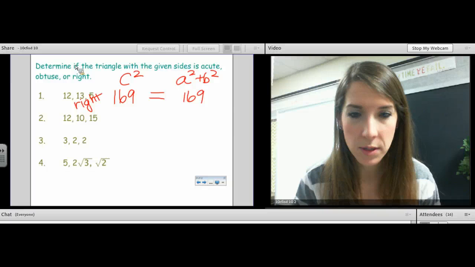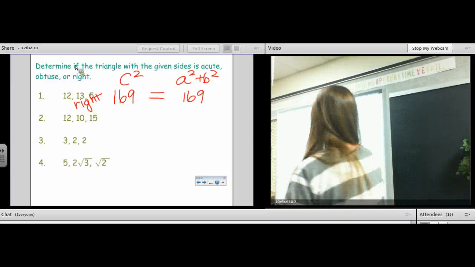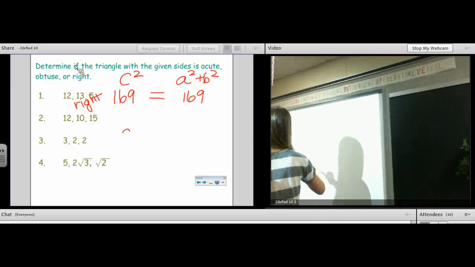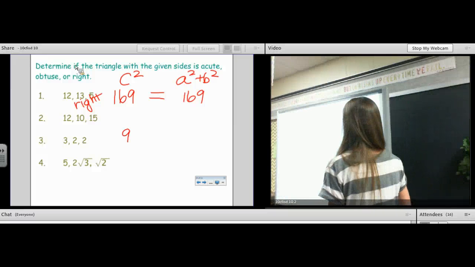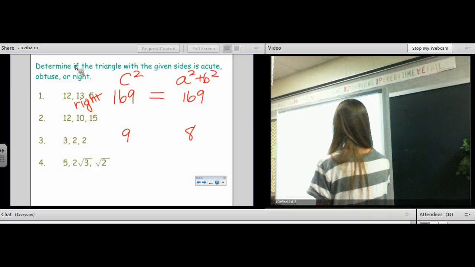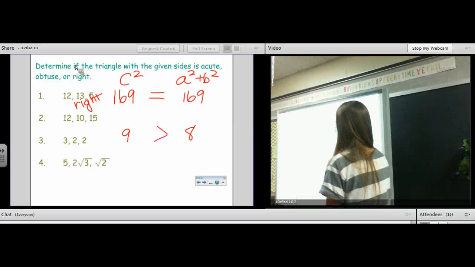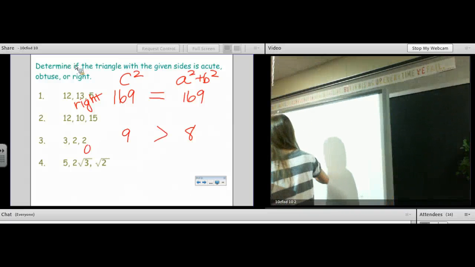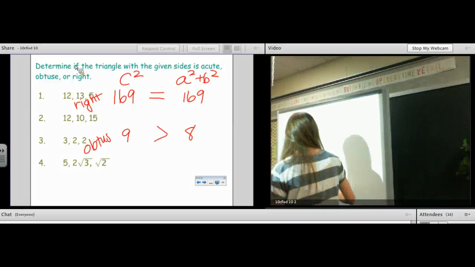Carson, obtuse. Okay, so we've got c squared is 9, and 2 squared plus 2 squared is 8. 9 is bigger than 8. That's a greater than sign, so obtuse. Good.